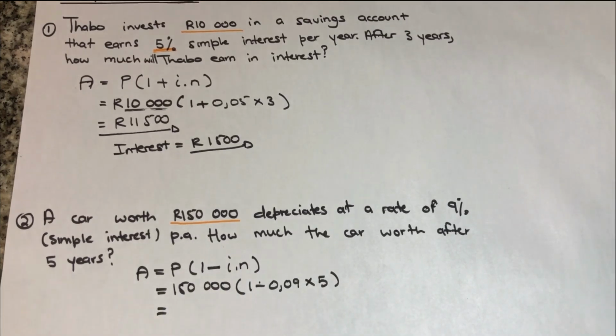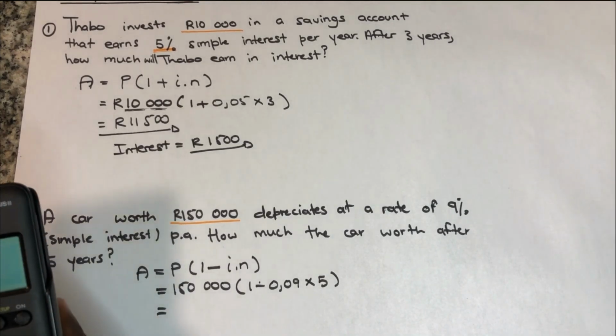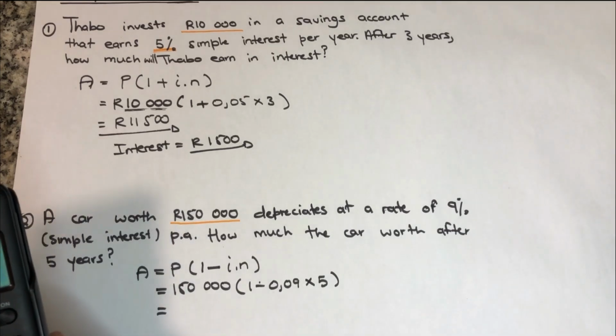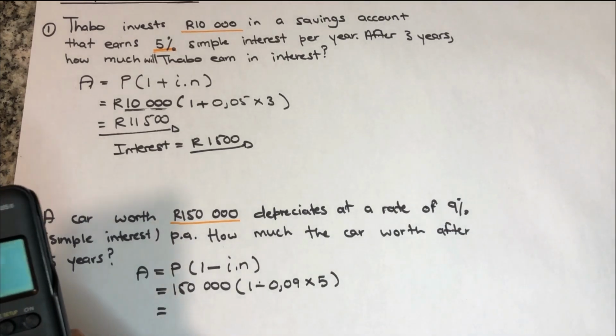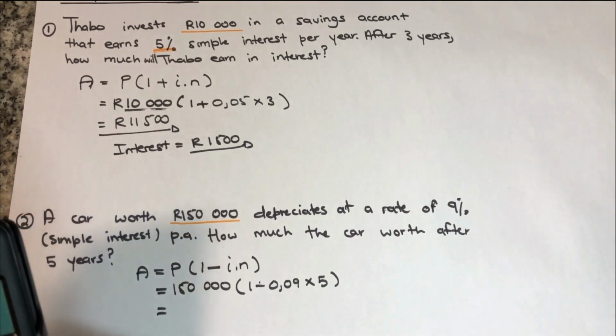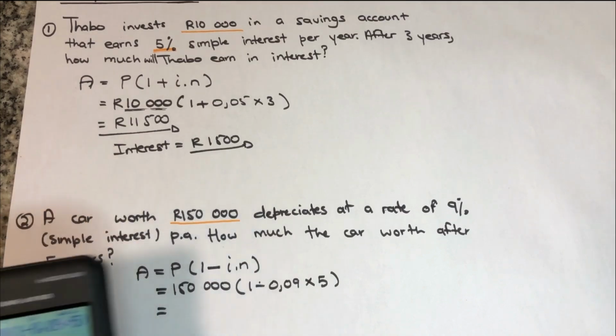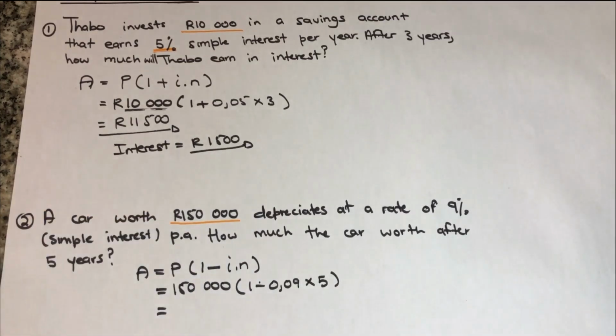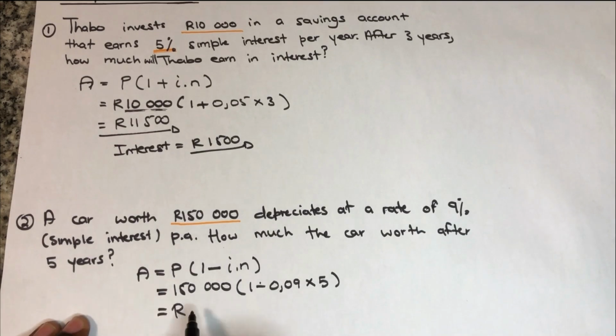Let's press that in our calculator: 150,000 rands times (1 minus 0.09 multiplied by 5). That's going to be equal to 82,500 rands.